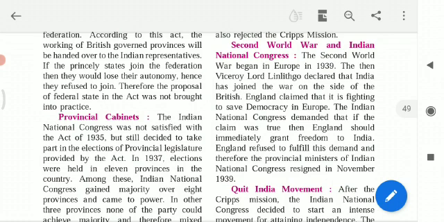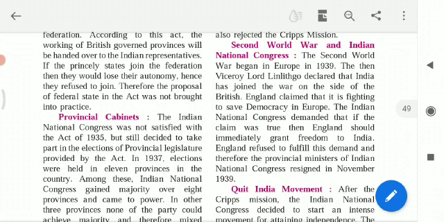So children, Viceroy Lord Linlithgow declared in 1939 that India had joined the Second World War on the side of England without consulting the Indian leaders.